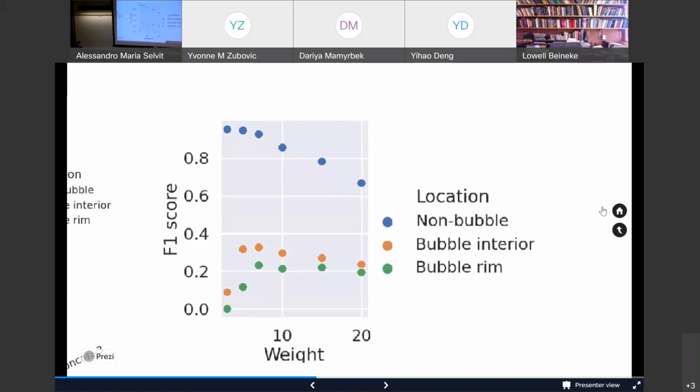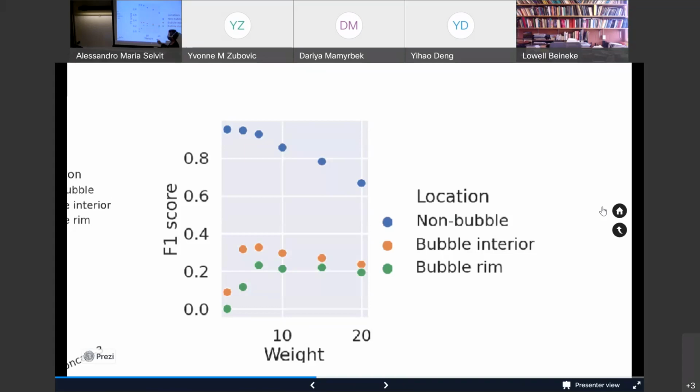So in order to fight that natural inclination, we overweighted the sources that were categorized as rim or interior. The idea was that we wanted to value more the completeness and the accuracy of the interior category and the rim category, and give less weight to the accuracy and completeness of the non-bubble, non-associated category.